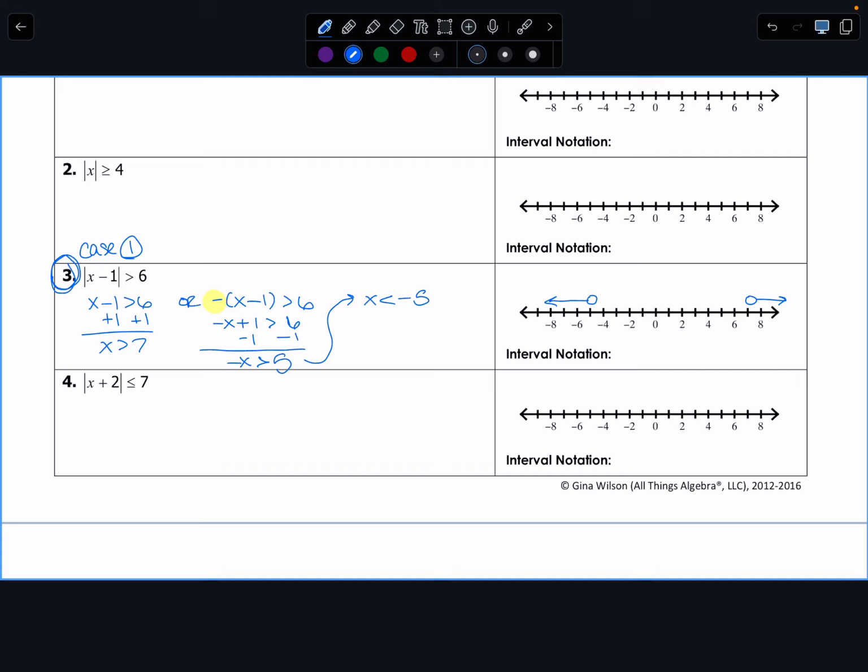So how can you know when you split it? My center point changes when I'm doing something inside the absolute value other than just adding 0 and having a coefficient of 1. So essentially I shifted that center point so that you still have the same distance from the right and the left, but I had to shift it over by 1.